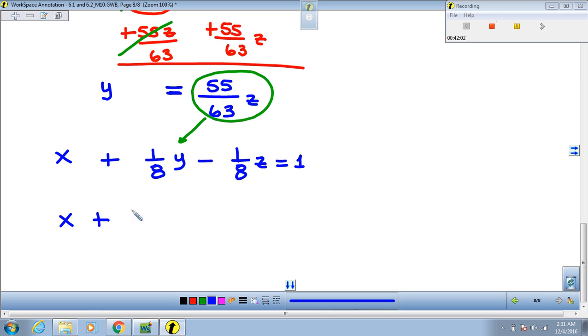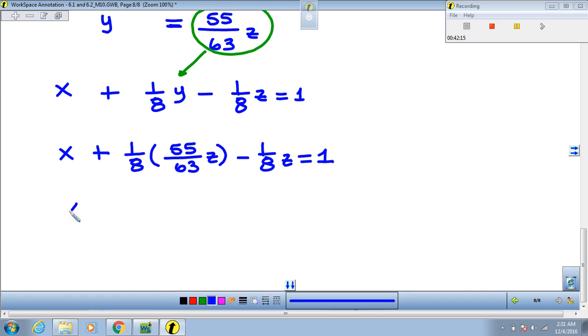So x plus 1/8 times 55 over 63z minus 1 over 8z equals 1. When you multiply these two fractions, you can do it in the calculator, or by hand, the top times the top, the bottom times the bottom, however you want to do it.